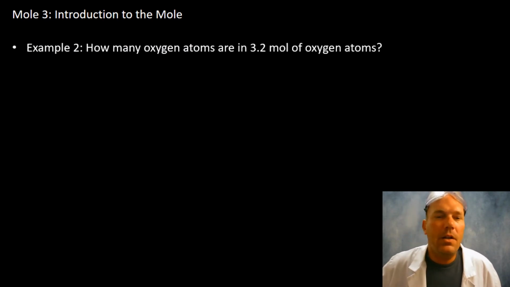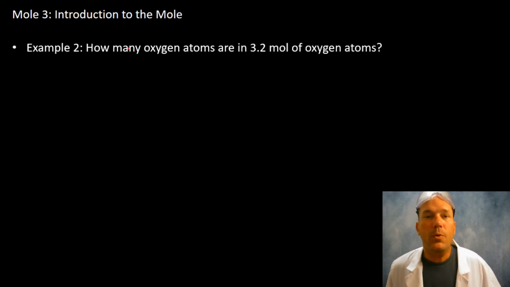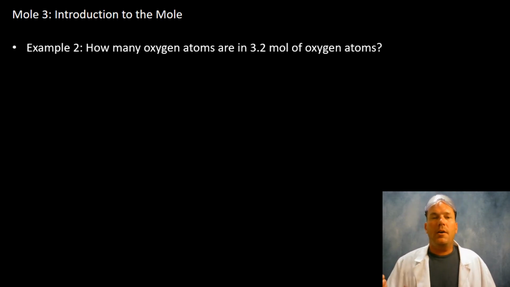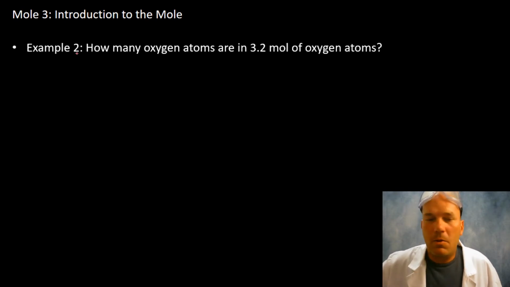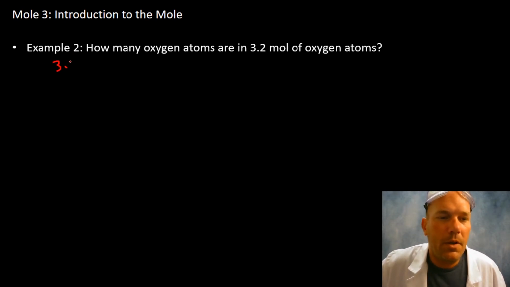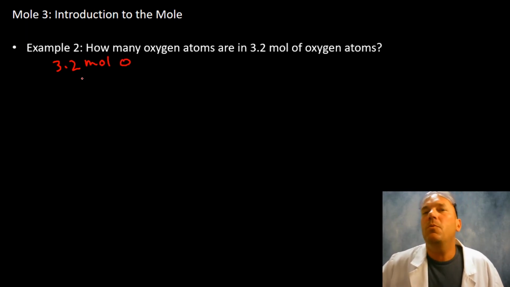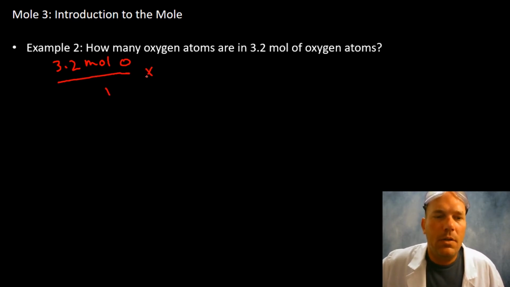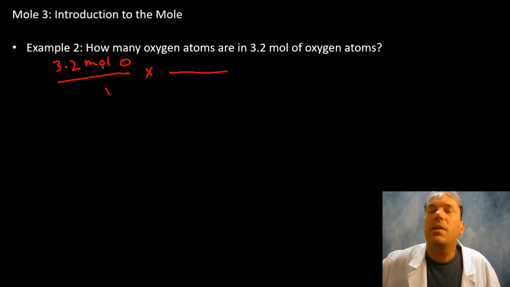Let's go ahead and do another example, a real chemistry example here. So how many oxygen atoms are in 3.2 moles of oxygen atoms? Okay, so what are we given? 3.2 moles of oxygen. What do we want? Atoms. Okay, so put this over 1 times. Okay, so I have moles on top here. I want moles in bottom, so I'm just going to write mole.